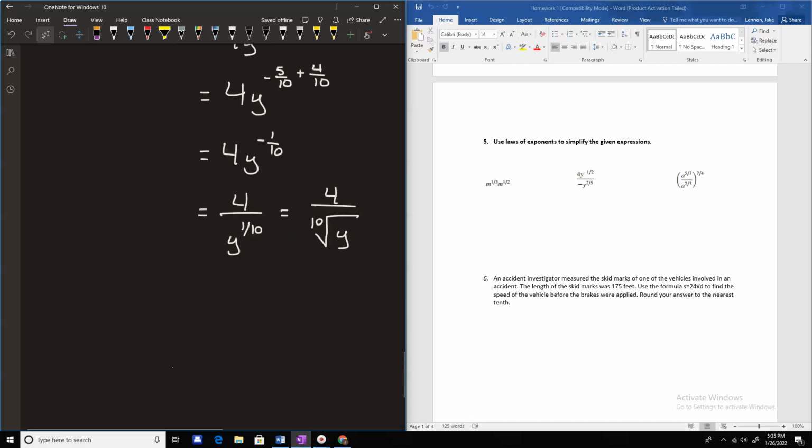So this last one, number 6, the only thing going on is we have this formula. Let's write that formula out. It says s, that's a cursive s, is equal to 24 times the square root of d, to find the speed of the vehicle before the brakes were applied.